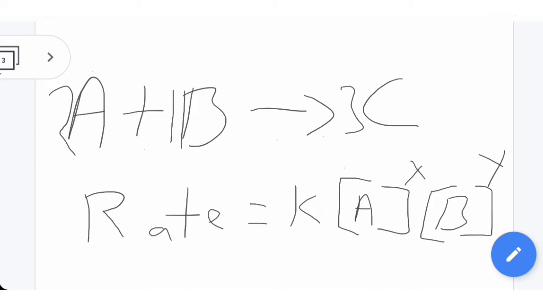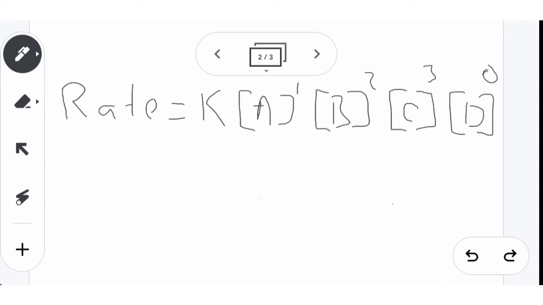We'll look at how you can determine the reaction orders. We need to understand what this particular expression means. If you have an expression like this one, what it means is that the rate of the reaction is first order with respect to A, second order with respect to B, third order with respect to C, zero order with respect to D. The overall order for this particular expression can be found by adding the exponents.